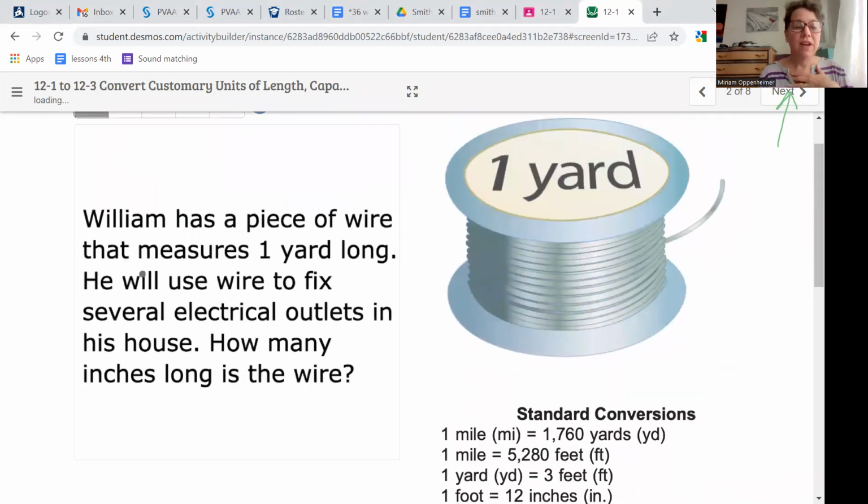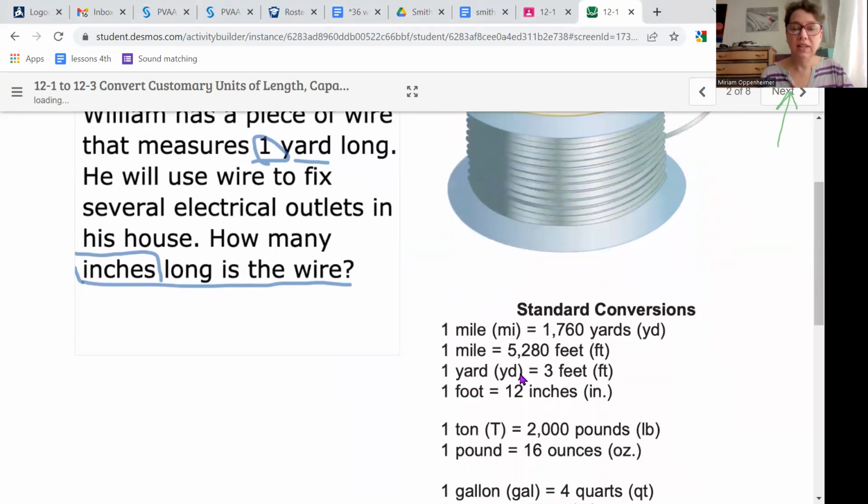So we read it the first time. Second time, we're looking for the numbers. William has a piece of wire that measures 1, that's a number, yard long. He will use wire to fix several electrical outlets in his house. How many inches long is the wire? So we're looking for 1 yard, and we're looking for inches. We're going to read it 3 times and figure out what we need to do. 1 yard, how many inches?